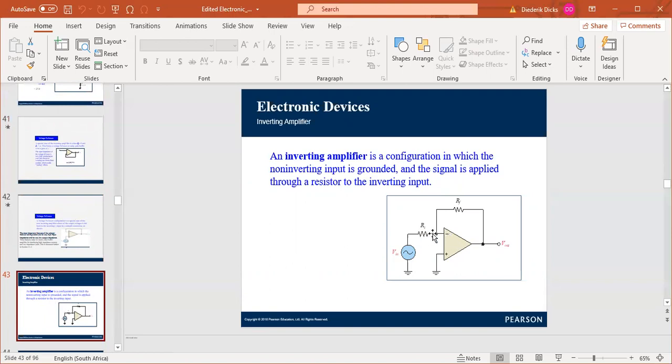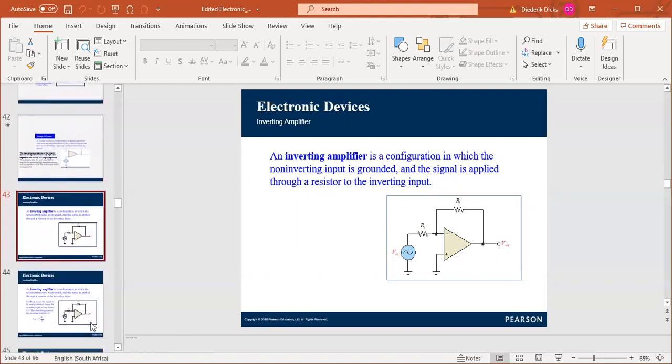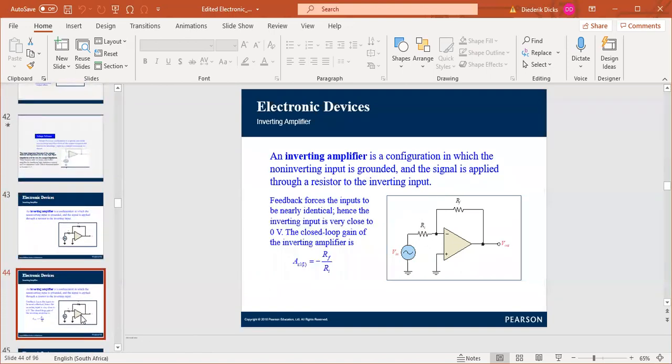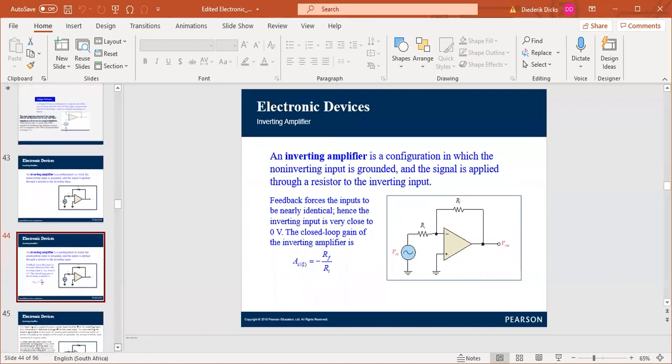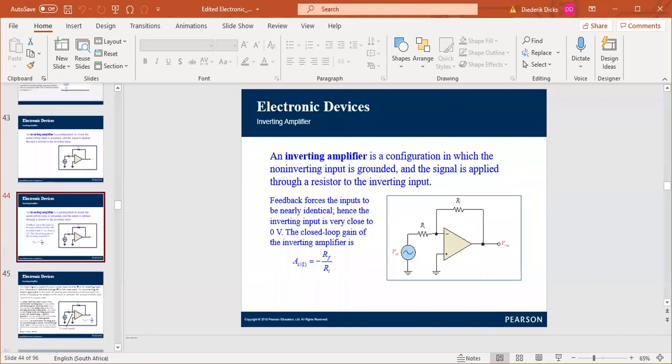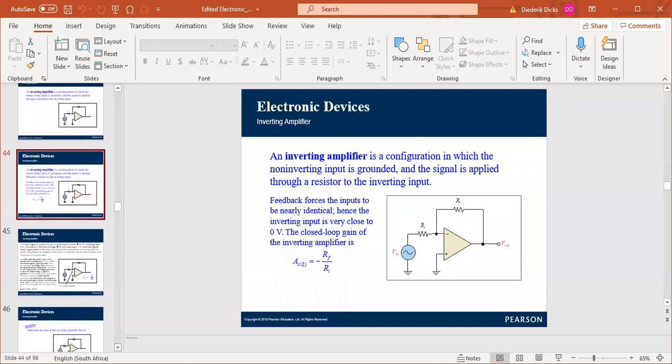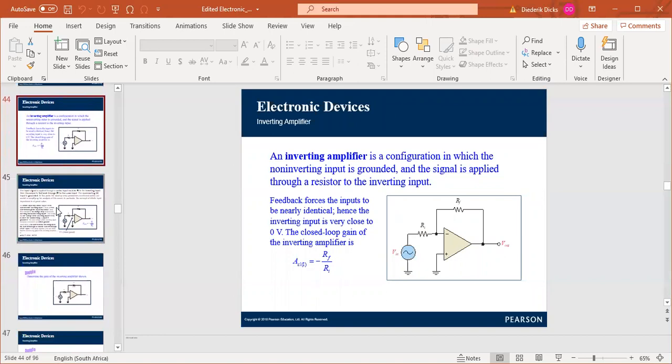Between the inverting side and the output is always a 180 degrees phase shift. Feedback forces the two inputs to be nearly identical, hence the inverting input is very close to 0 volts. The closed loop gain of the inverting amplifier is negative, indicating a 180 degrees phase shift, Rf divided by Ri.